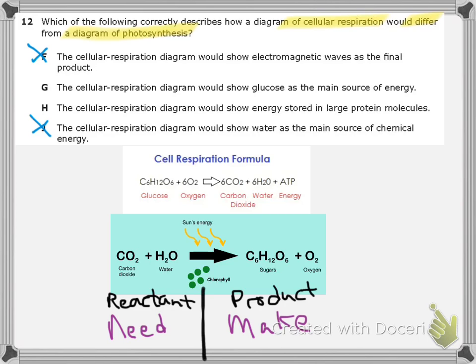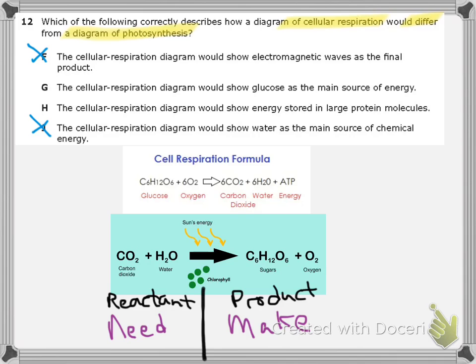Alright, randomly H. Let's go with H. The cellular respiration diagram would show energy stored in large protein molecules. Alright, so again, store tells me the right side of the equation, because store sounds like the end of something, you're storing it. Okay, so let's look at where energy is stored.